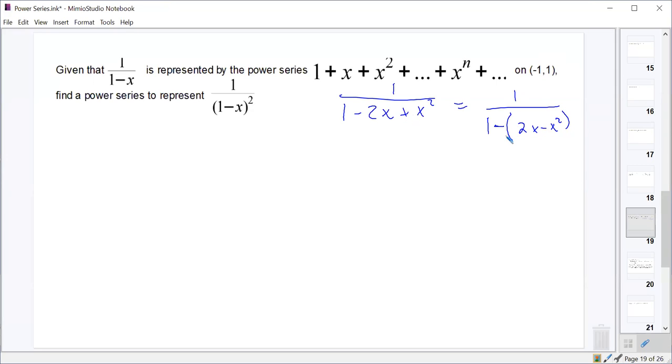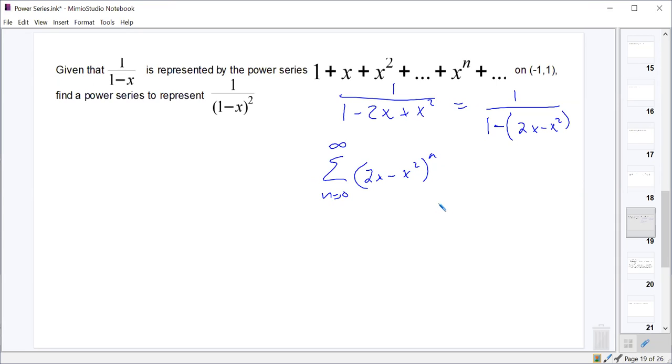And the problem that we have here is there's not a problem per se, but we could rewrite this then as a sum of 2x minus x squared to the n power, a sum from n equals 0 to infinity. What would the radius of convergence then be for this?